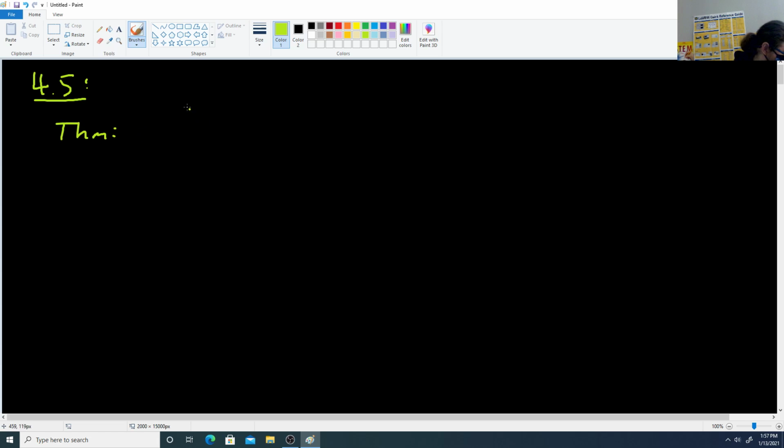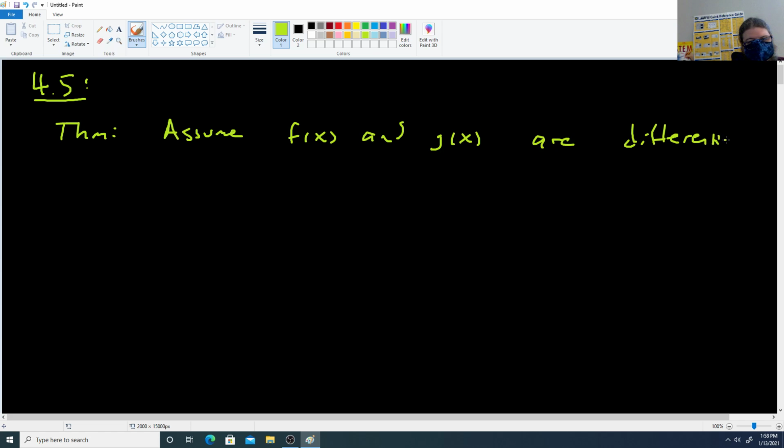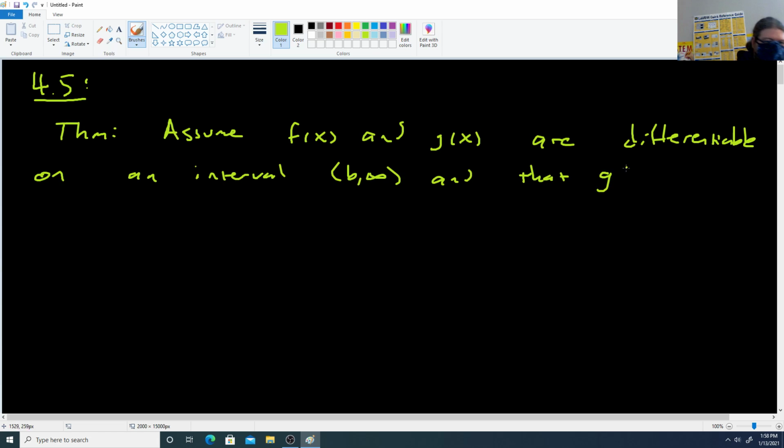We're going to say assume that f of x and g of x are differentiable on an interval b out to infinity, and that g prime of x is not equal to 0 for x greater than b.